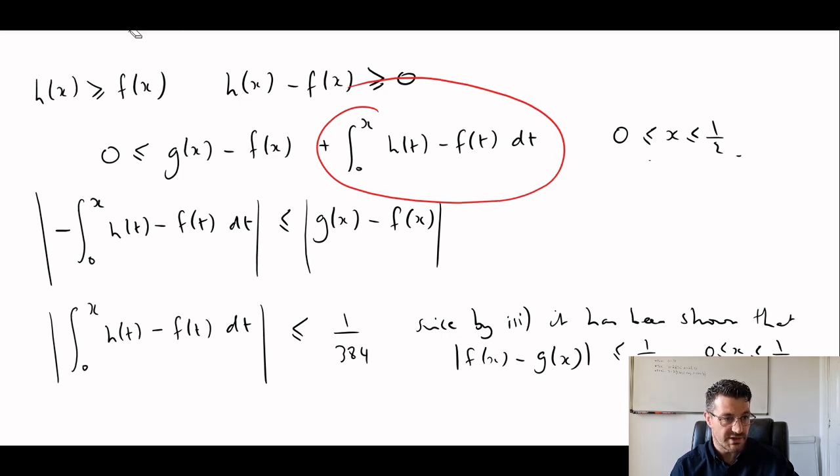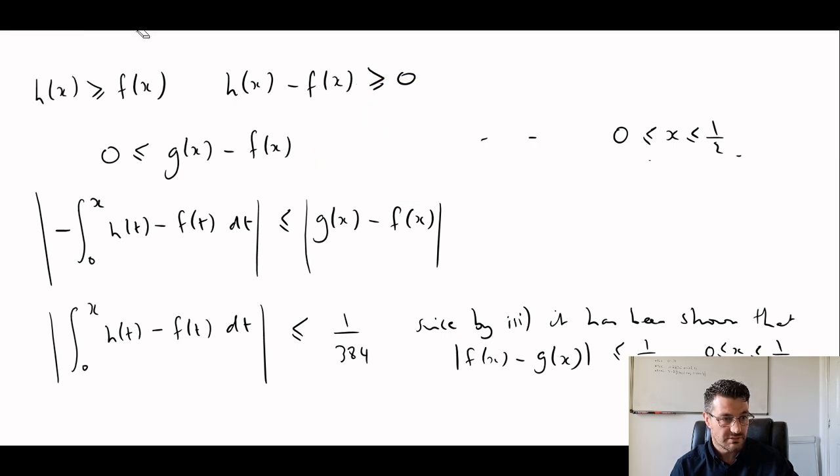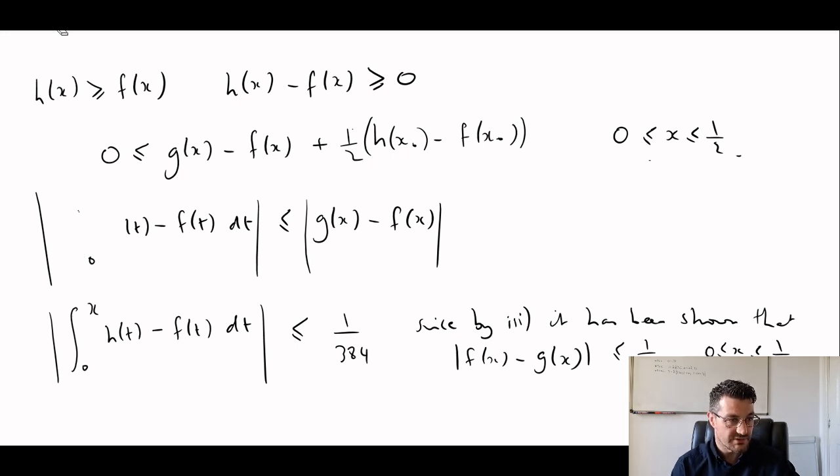So I'm going to get rid of this because this integral, remember, from part 5 is less than or equal to a half, what is it, plus a half h of x naught minus f of x naught. So, okay, correcting this then, we get rid of this integral here.